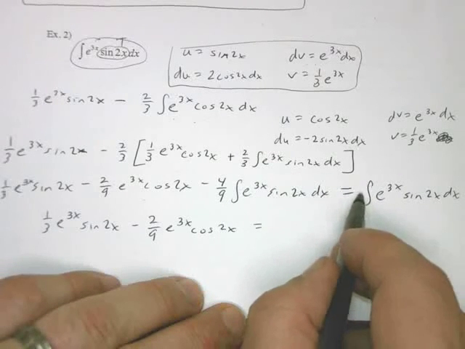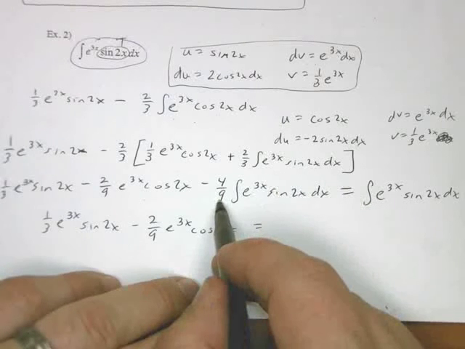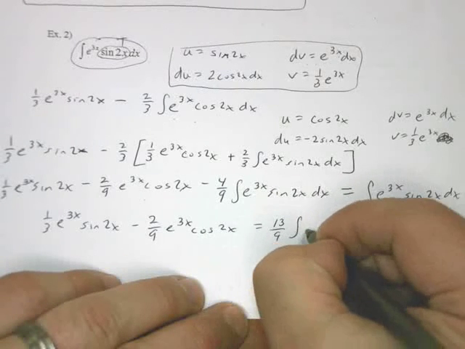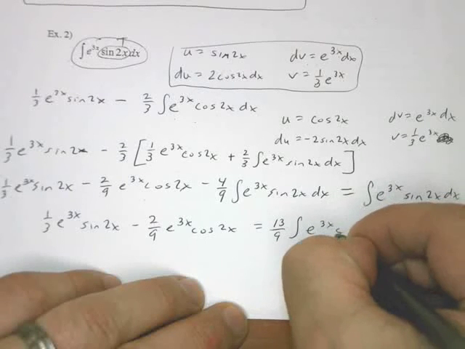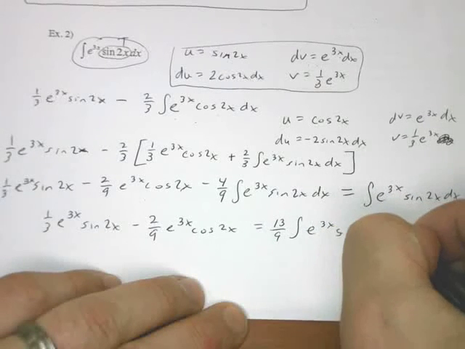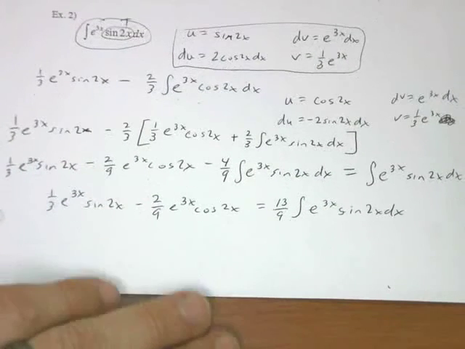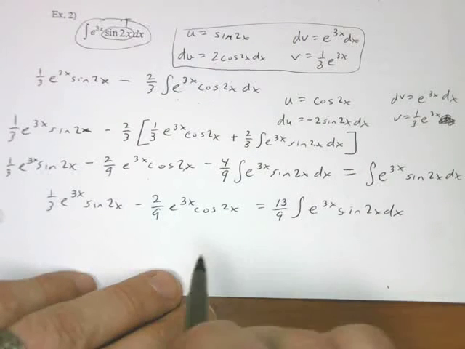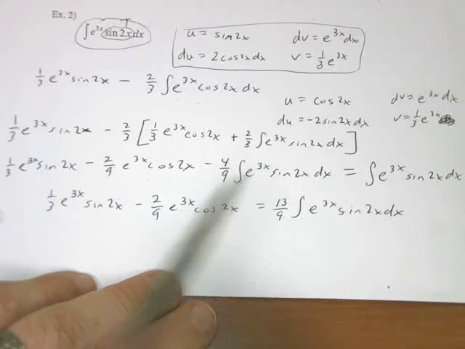So basically I have 1 integral plus 4/9 of another integral, which means I now have 13/9 of that same integral. Okay? Just like adding 4/9 x to 1x, I'd have 13/9x, except now I have 13/9 times an integral.